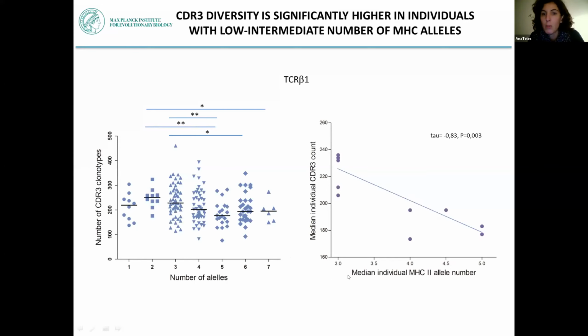And the same could be seen at the level of the family. So individuals with a lower median number of individual MHC alleles have a higher diversity of the CDR3 than individuals with a higher median individual number of MHC alleles.